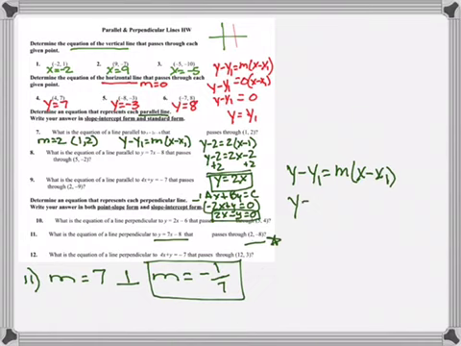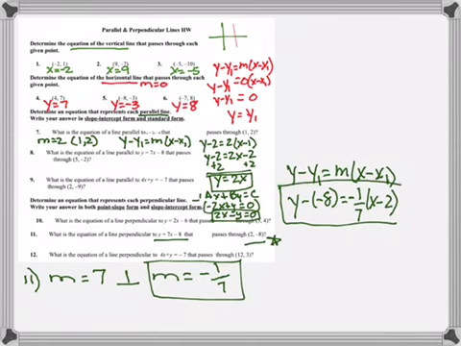So when I plug that in, it'll be y minus -8 equals, my m is -1/7, times x minus, well, my 2 is positive, so I can just say x minus 2. Now, they wanted it in point-slope form first, so we have done that. We've got it in point-slope, so we're done with that piece. But we do need to put it in slope-intercept form. That's the next form they want.